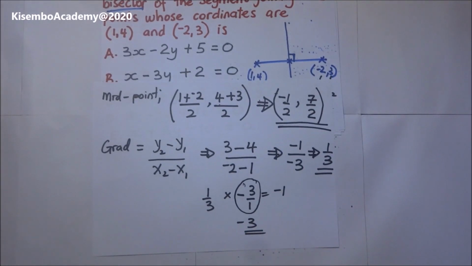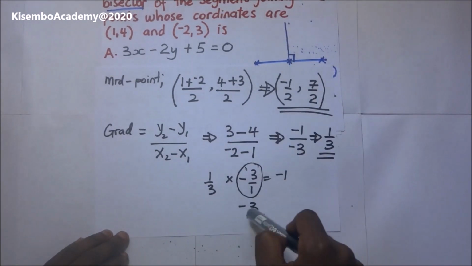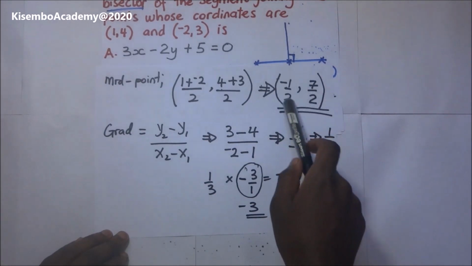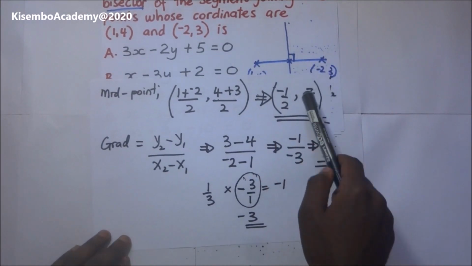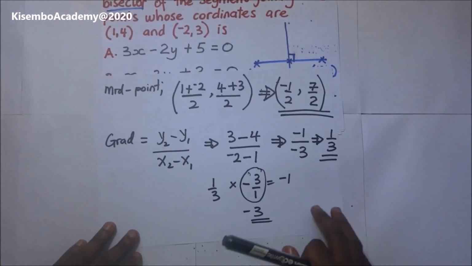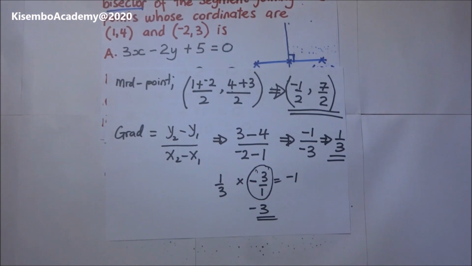So we already have two things. We have the gradient of this perpendicular bisector. We also have the point through which it is passing, which is the midpoint of these two points. So now that we have these two, we can go ahead and find the equation of this line using y is equal to mx plus c.